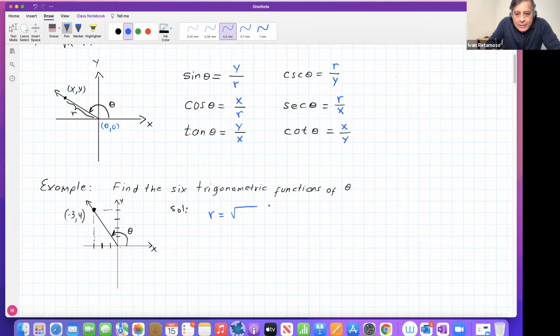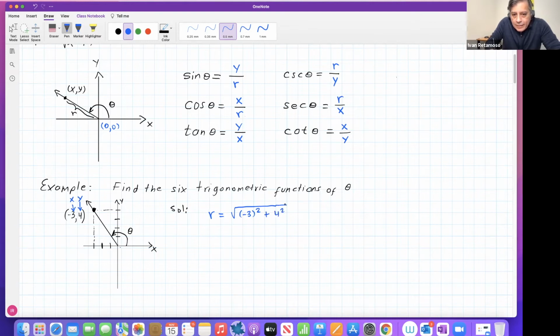And that is given by the square root of x squared plus y squared. Notice, this is our x, this is our y. So what we do is take the square root of (-3) squared plus 4 squared.